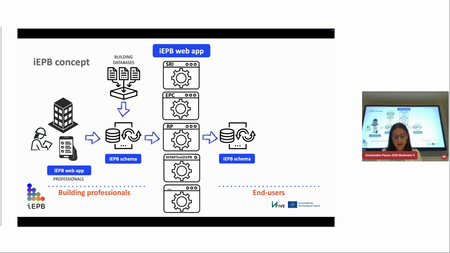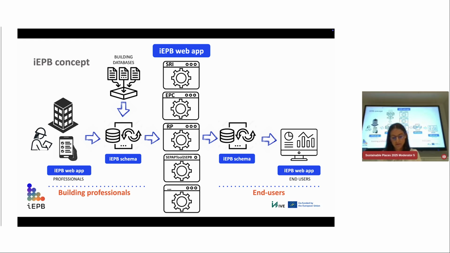The professional interface facilitates data management across the multiple assessments, allowing all necessary data to be collected in a single visit to the building, and it is connected with public and private databases. And the user interface displays the integrated multi-building assessment result in a single place and in a visual way. And we are also developing this API to integrate the data, for example, in national databases.